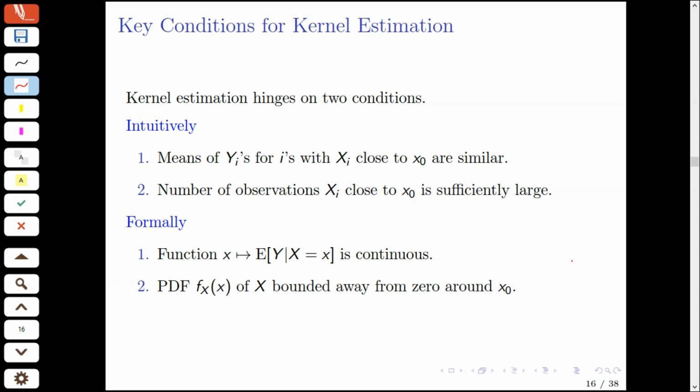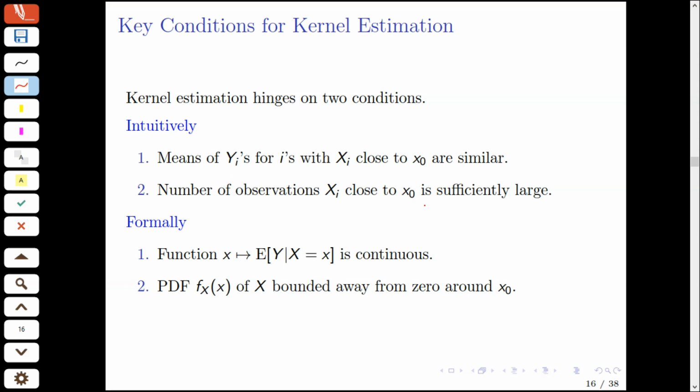Intuitively, when we are expanding our window of opportunity from being at the point of interest x0 to points close to x0, we're stating that the means of such outcomes should be similar to the mean at our point of interest. Also, since we're using a local average, we should have points to work with, so the number of observations, that is the number of xi's that are close to our point of interest, should be sufficiently large, as otherwise there's no hope that the law of large numbers kicks in.